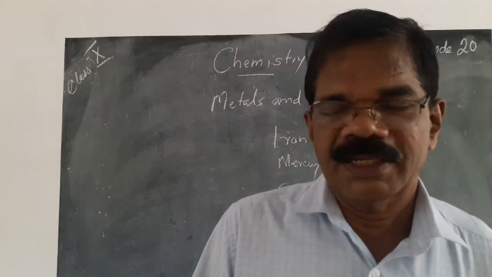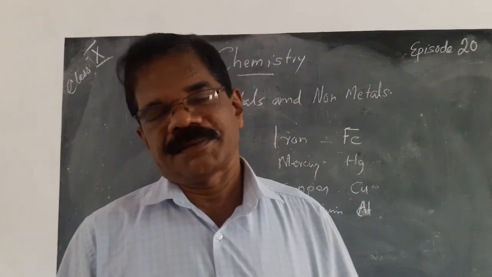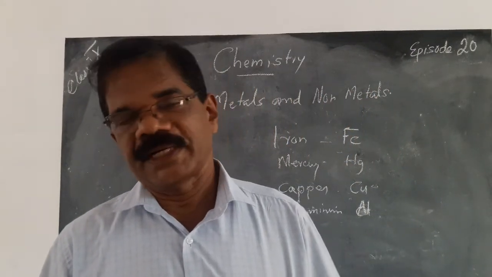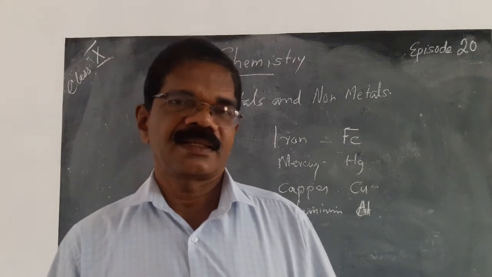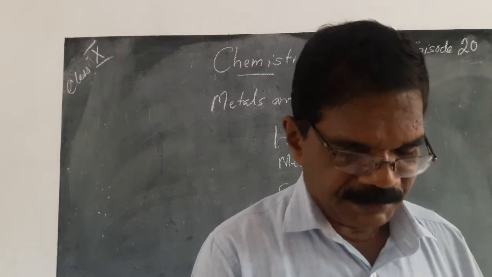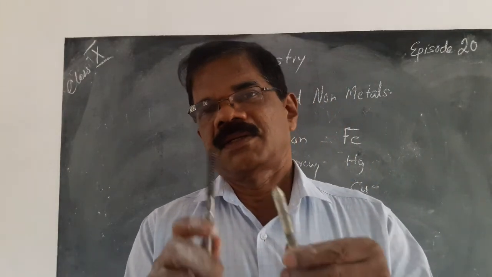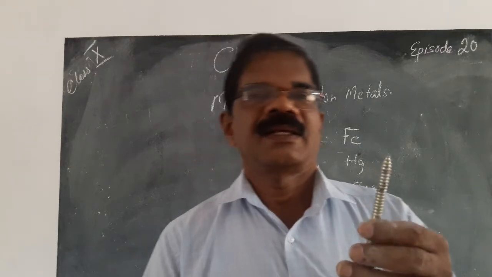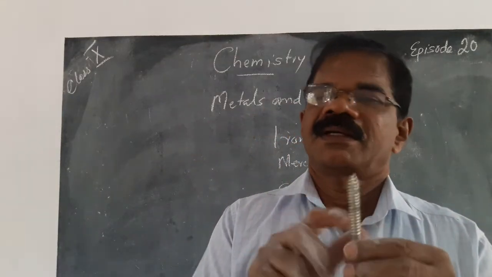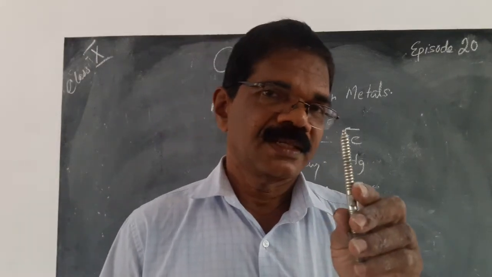You have all heard that before the beginning of every school hour, we hear a bell. How is the bell sound produced? If we hit a metal with another metal, we get a sound. This sound is known as sonorous.